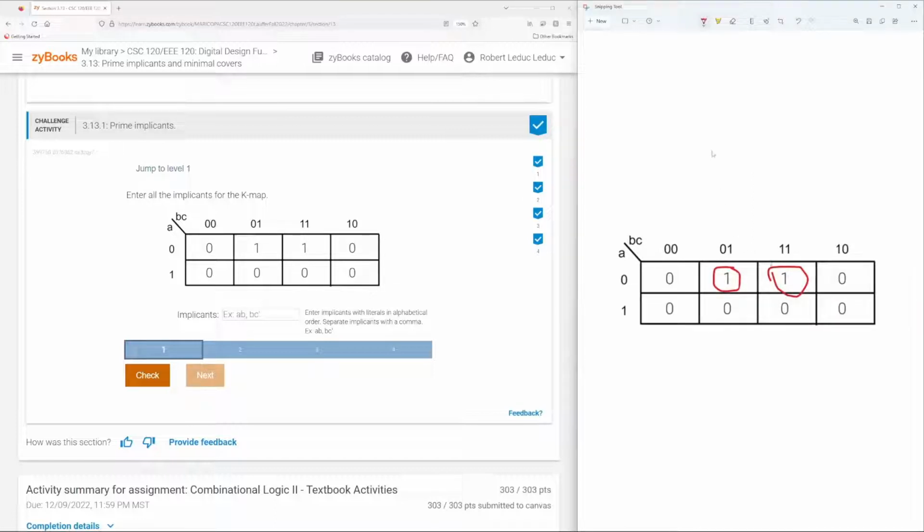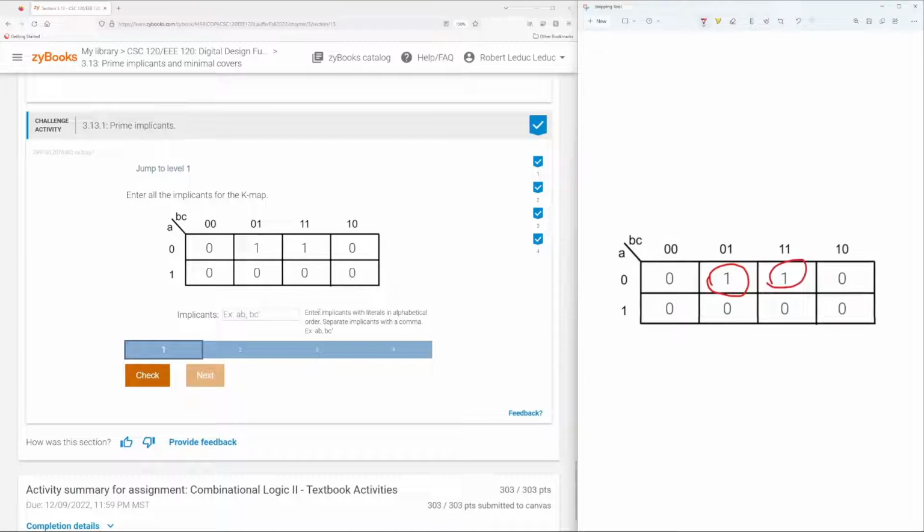So an implicant is all the ways we can cover these 1s. In this case, there are 2 main ways we could do it. We can cover or refer to the 1s here separately.